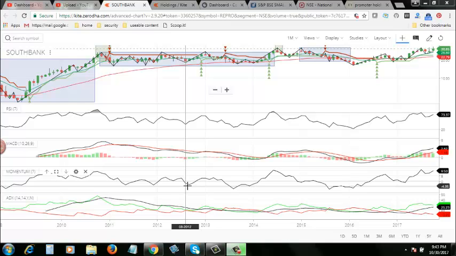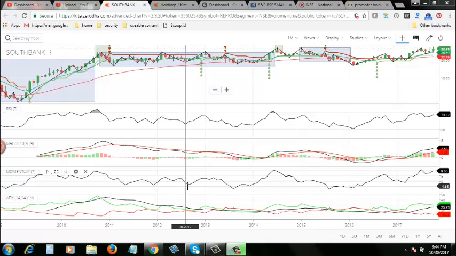But South Bank, because its price is very low, below 100 rupees, has been quite attractive, and so many people have bought lakhs and lakhs of shares of South Bank.